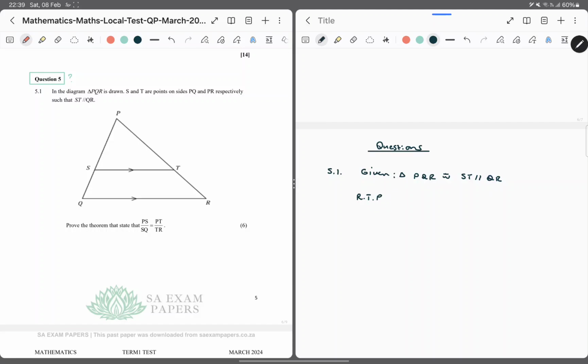We are required to prove that PS over SQ is equal to PT over TR. Now, we know that we can't do this without a construction. Now, a construction here is very easy. We just draw perpendicular heights.